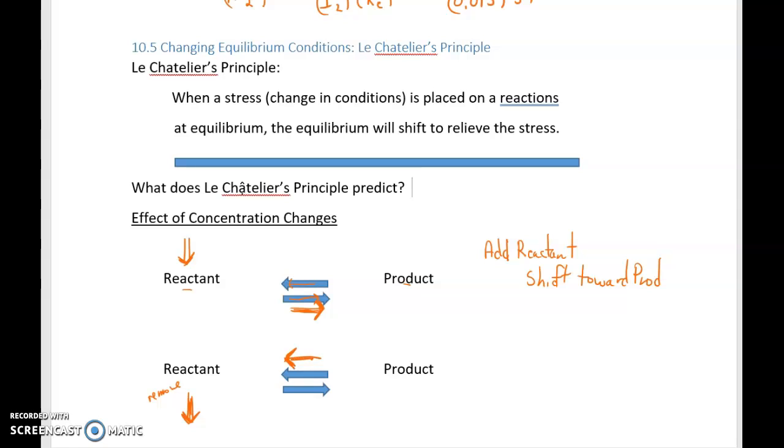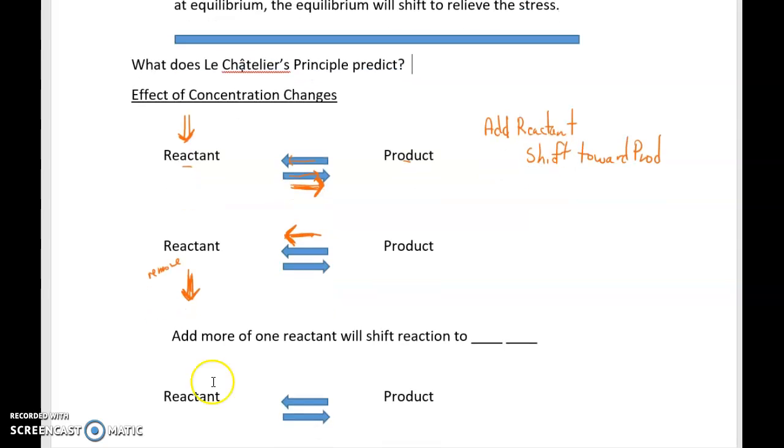And we will shift toward the reactants. So let's see what happens when we mess with the products. Adding more of one reactant will shift the reaction toward the products, and removing it will shift it toward the reactants.